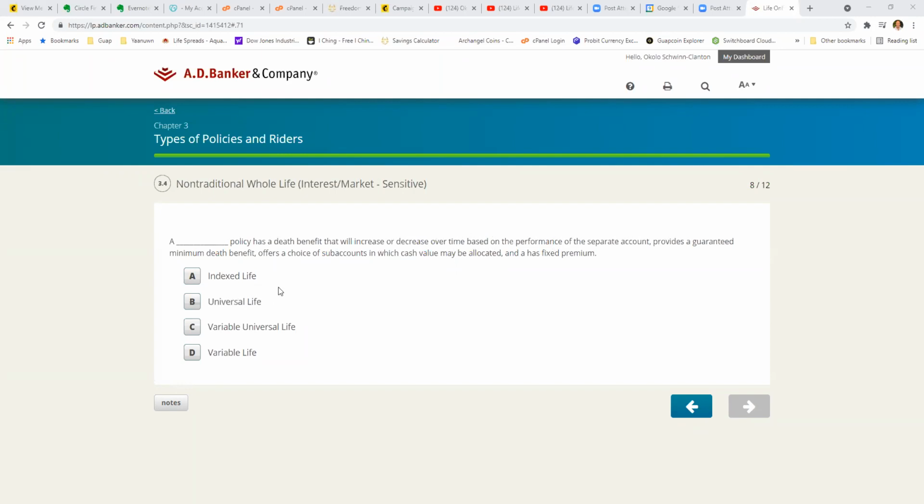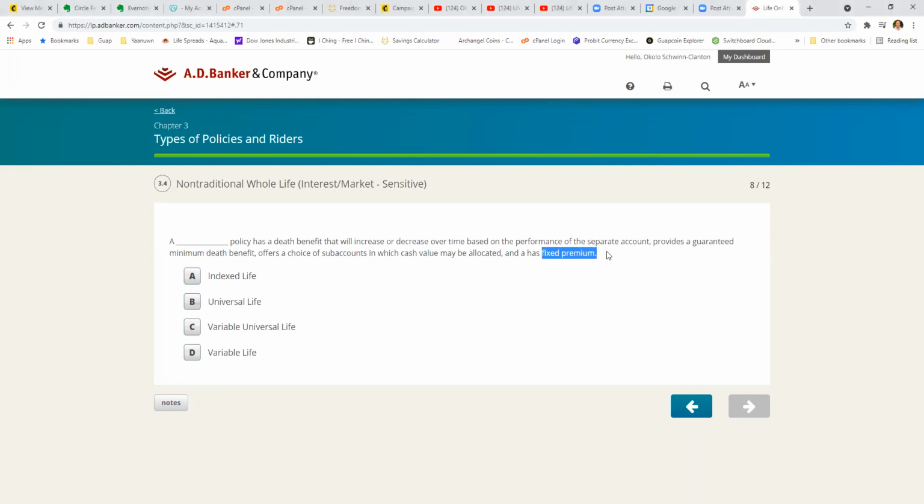I guess A. But I don't think it's indexed because that has a fixed premium. So wait a second, it can't be fixed premium, because universal has a flexible premium. So it has to be variable. That's how we get to that conclusion.